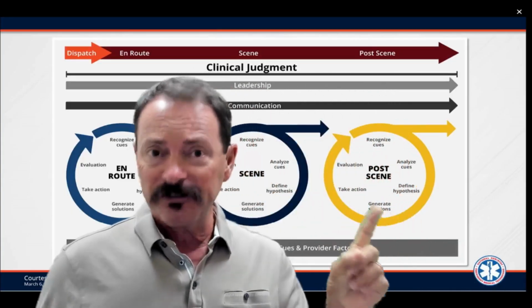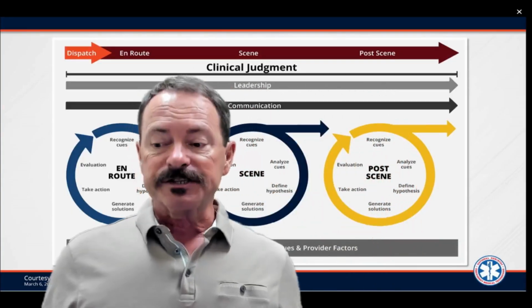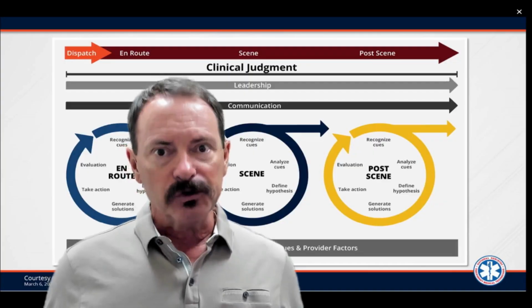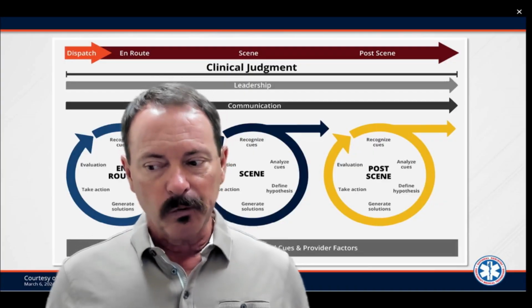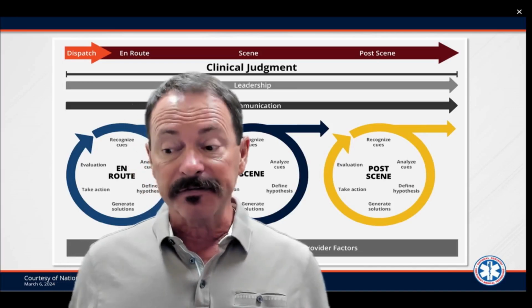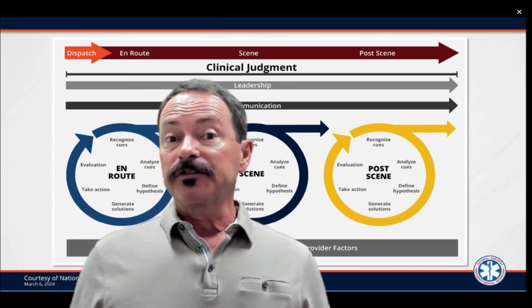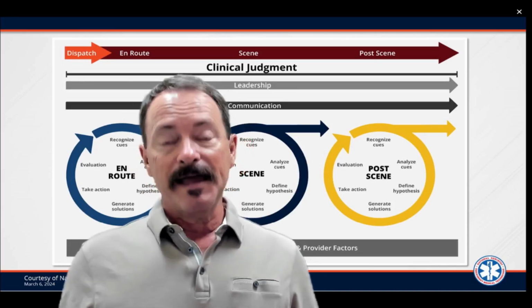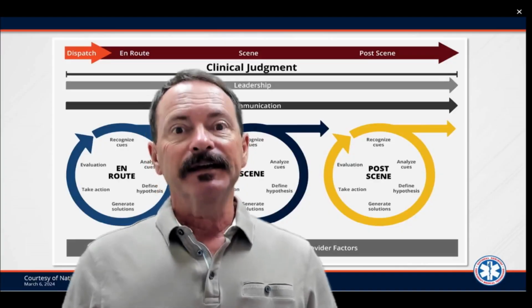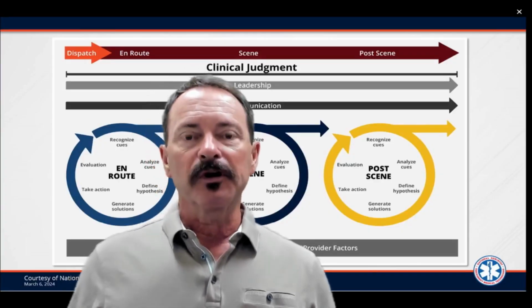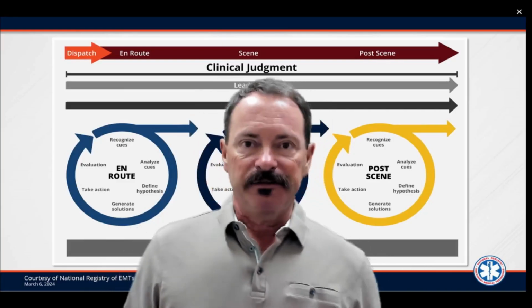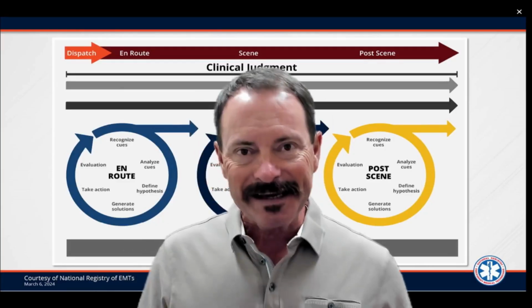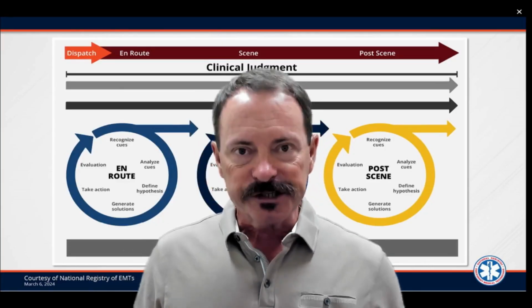And then the post scene, those questions, we recognize the cues, we analyze those cues, we define our hypothesis, generate solutions, take action, and then evaluation, and we're back to the top again. So they're all the same things that they're trying to see in your clinical judgment.